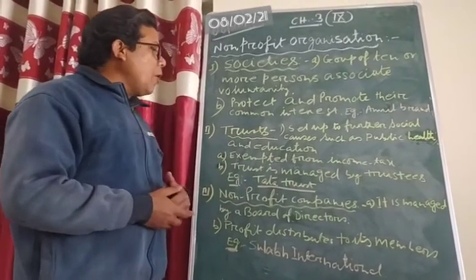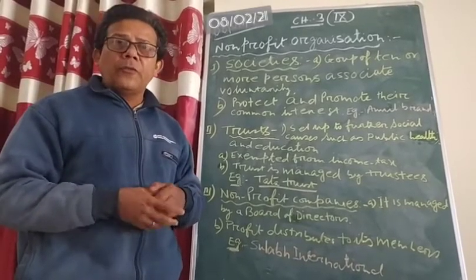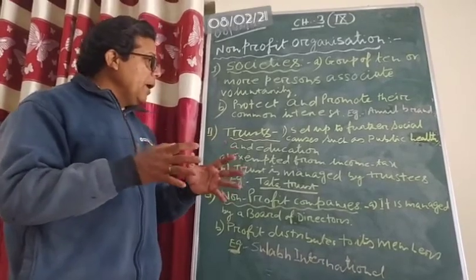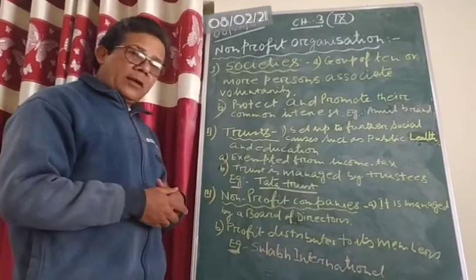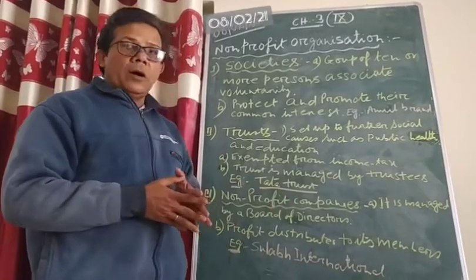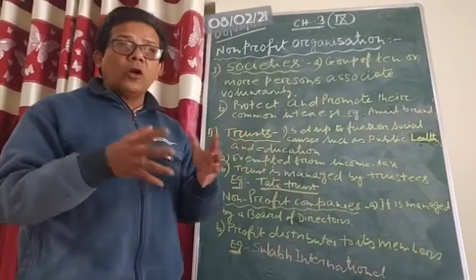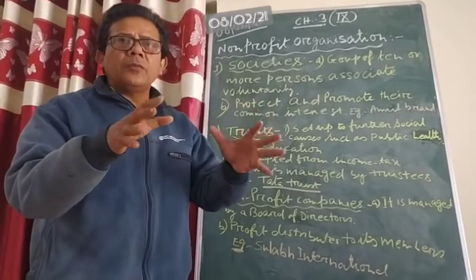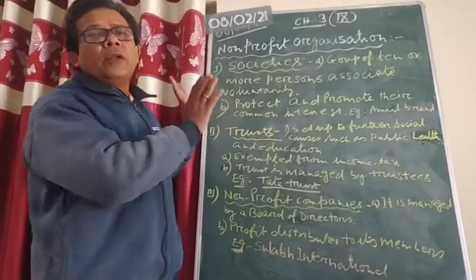Last, non-profit company. There are some companies formed like this. This company is managed by a board of directors. Profit is distributed to its members. Why is it called a non-profit company? It is also a company, but whatever profit comes, that profit is not kept by the company.